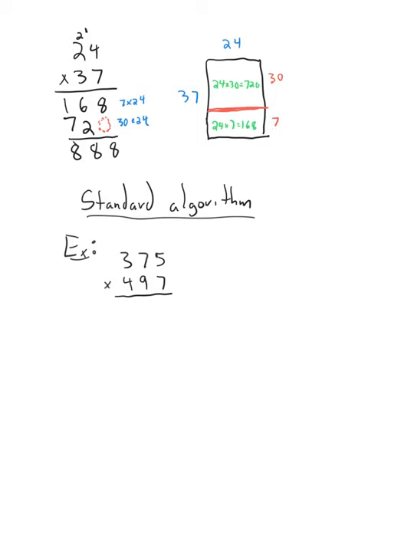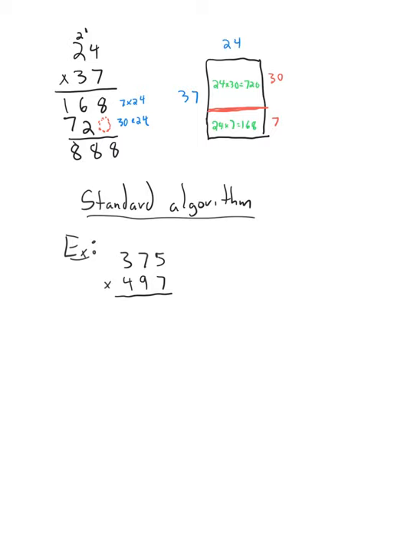So we'd have 9 different numbers that we'd have to add here. And that takes a lot of space and a lot of time to do. Using the standard algorithm, we're only going to have 3 different numbers here, which isn't as bad. So let's go ahead and do that.